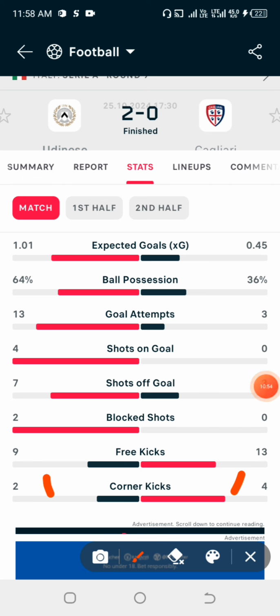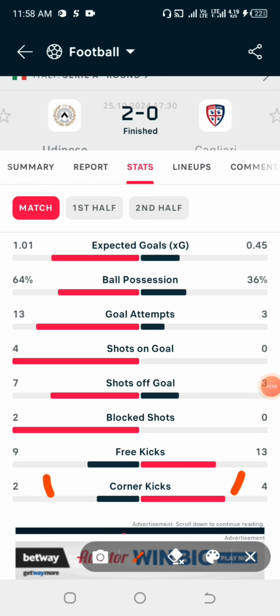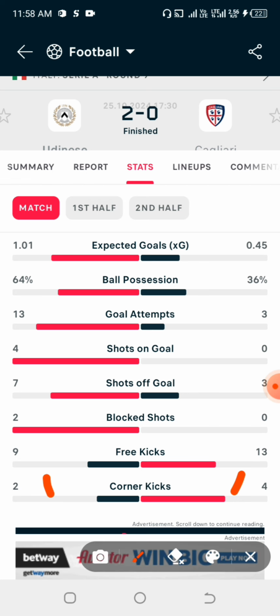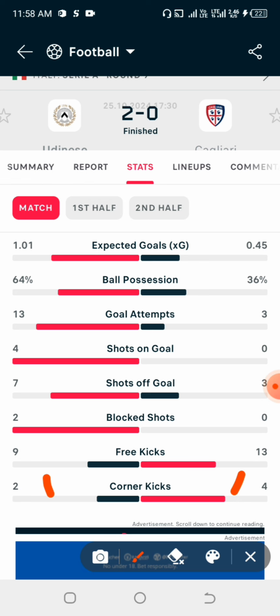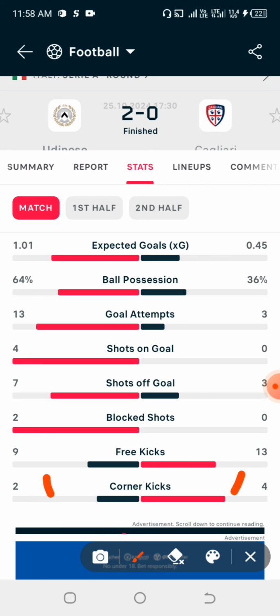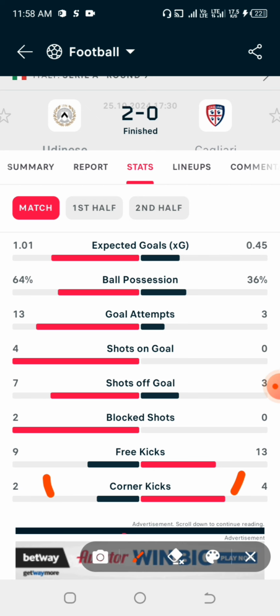So adding 6 and 9 together makes 15, the total corners the away team had in the last two games against other opponents. Adding that to the 19 from the home team gives us a total of 34 corners.